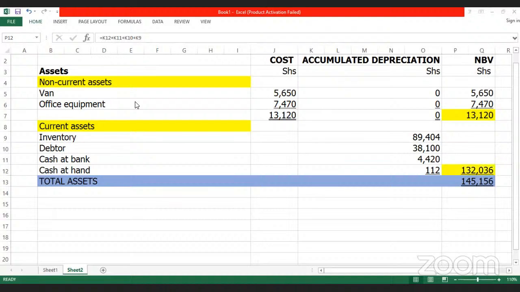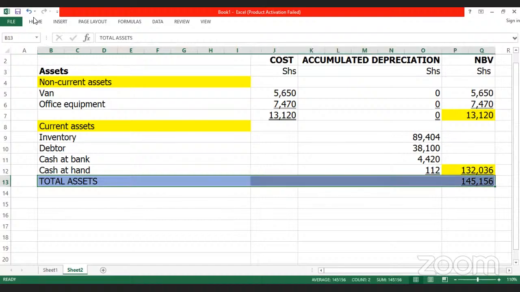They have answered you: non-current assets plus current assets. Thank you. So we are adding these two, the total current plus total non-current, to get the total assets figure.